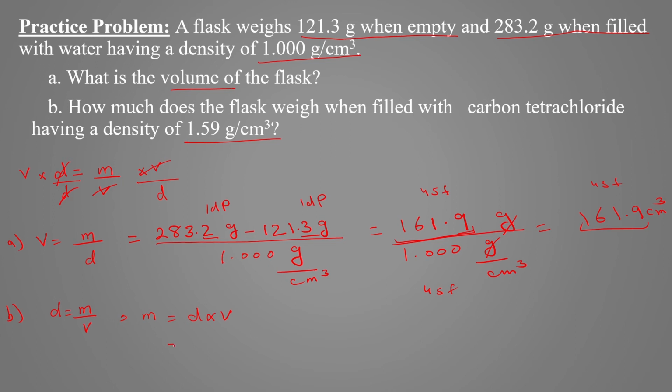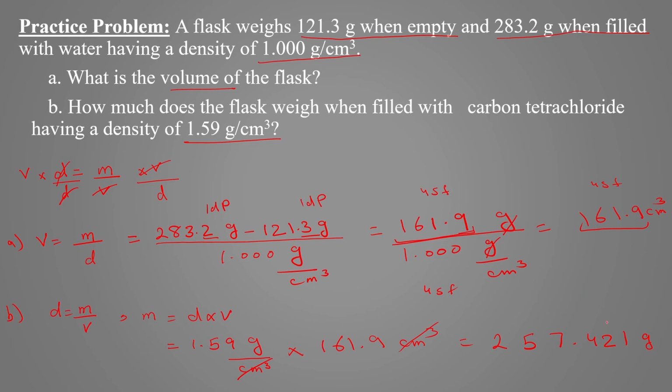So we can use that volume to find the mass. Okay, so this unit is canceled, and the answer that I have is 257.421, the mass of carbon tetrachloride.